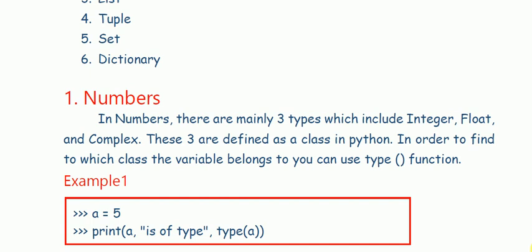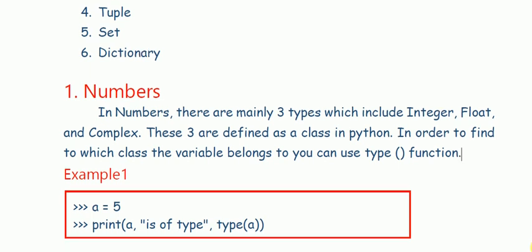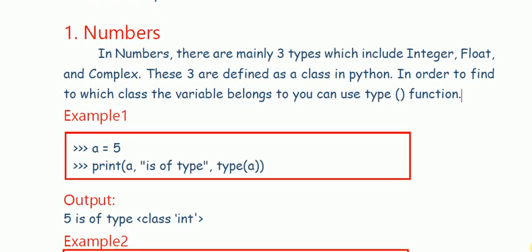We will find out which type of number it is by using the type function. The command name is type, and we will see the following number statements.